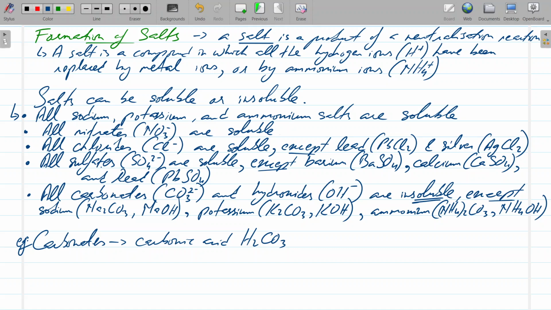Since carbonates come from carbonic acid, ethanoates come from ethanoic acid, which we came across yesterday as a weak acid. You have chlorides coming from hydrochloric acid, nitrates coming from nitric acid, and sulfates coming from sulfuric acid.